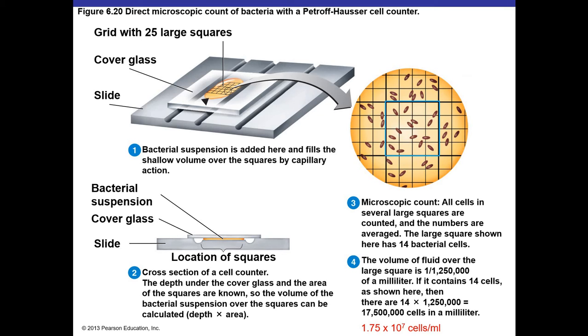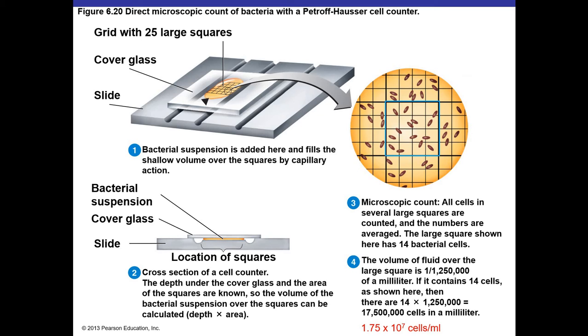Those smaller squares are going to help you keep your place as you're counting the number that's in the large square that's shown there. If you look at that outlined blue square and count the bacterial cells, you'll see that there's 14 bacterial cells there. So not only is the grid helping you count, we also know the volume of fluid that's underneath that large square.